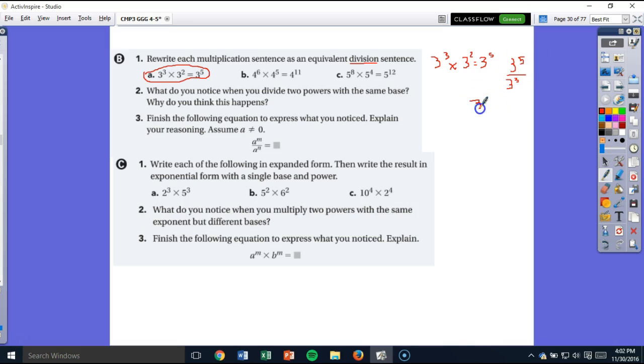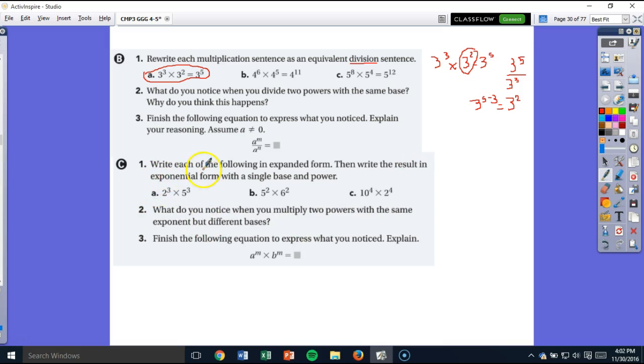So we would have 3 to the 5th minus the third, and that's going to equal 3 to the second, which is what we have right here. We took 3 to the 5th, subtracted 3 to the third, and were left with 3 to the second. We actually divided by 3 to the third, but we're subtracting the exponents. That's our second rule that we're going to be working with here.